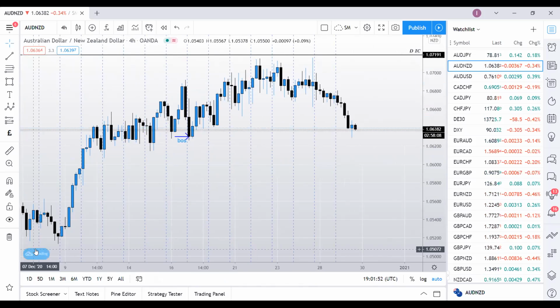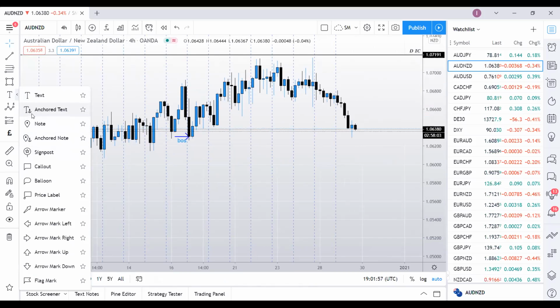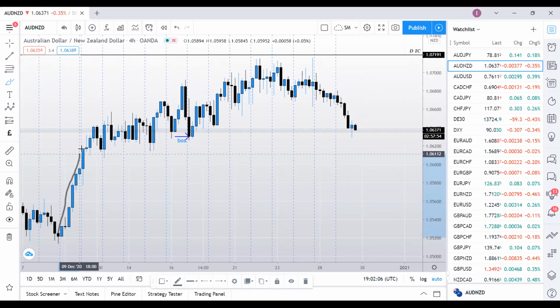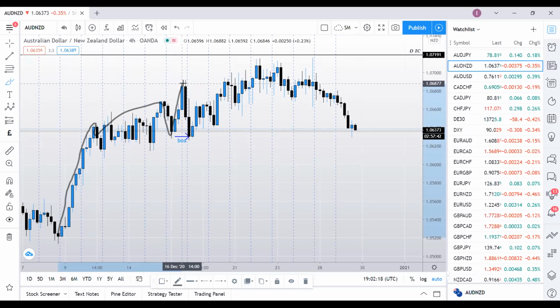If you look at the market here, the market went higher high, higher low, then it went higher high. It broke structure just here. That's why I've got break of market structure.